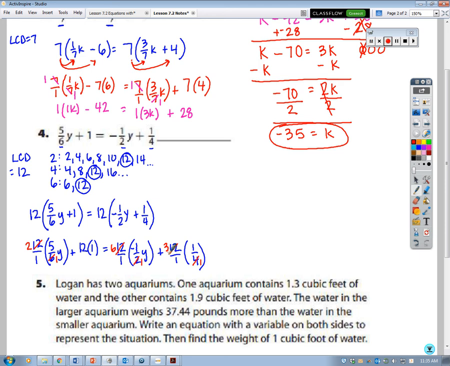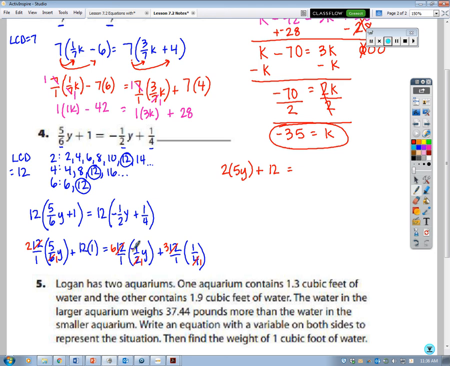Okay, so now I'm going to go ahead and simplify. I can see that these are both over 1, so like I did in this last one, I'm going to just work some of this out without having to write all of it down. So I've got 2 over 1 times 5 over 1y. I know that this is 2 and this is 5, so I've got 2 times 5y plus 12 times 1, which is 12, equals, these are both over 1, so I know that this is 6 times negative 1y, right?